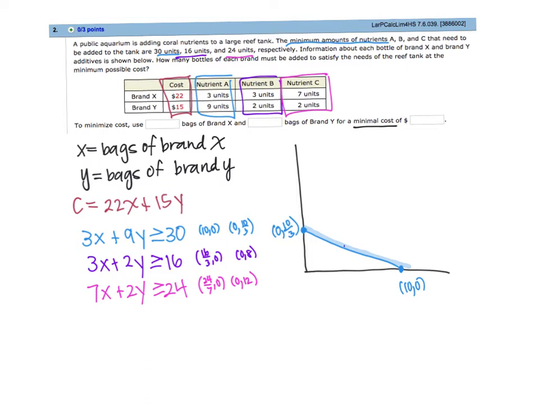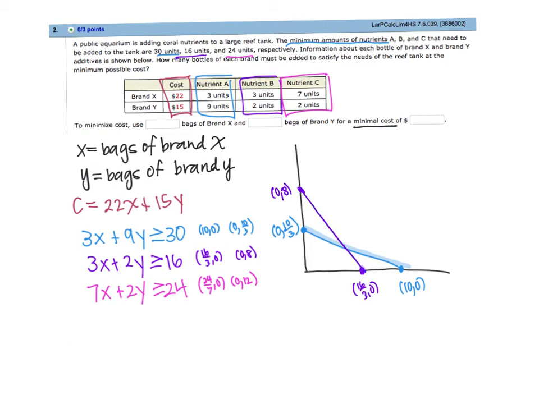Okay, for my next inequality, the x-intercept is 16 thirds, which is 5 and a third. So let's move it way closer. Y-intercept is 8, so much higher.